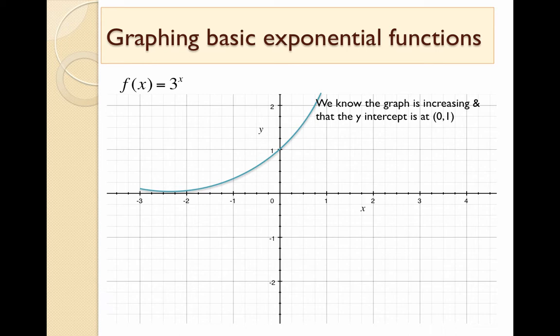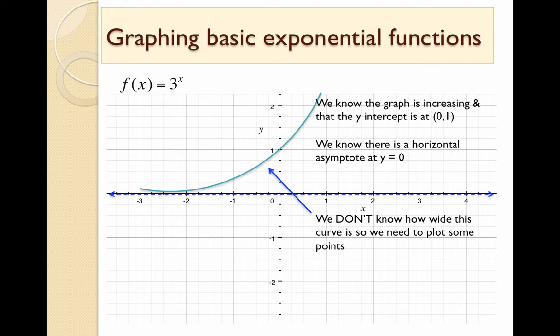I've just sketched a graph. We also know that there's a horizontal asymptote at y = 0, and recall that the range starts at 0 and goes up, so we're not going to cross the x-axis. What we don't really know is how wide this curve is. So we need to plot some points to see how wide that curve is going to be.